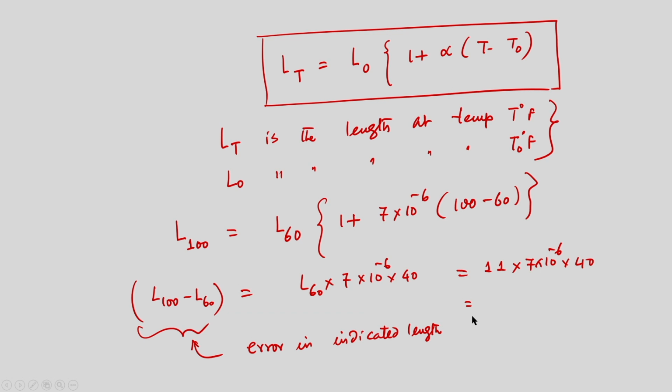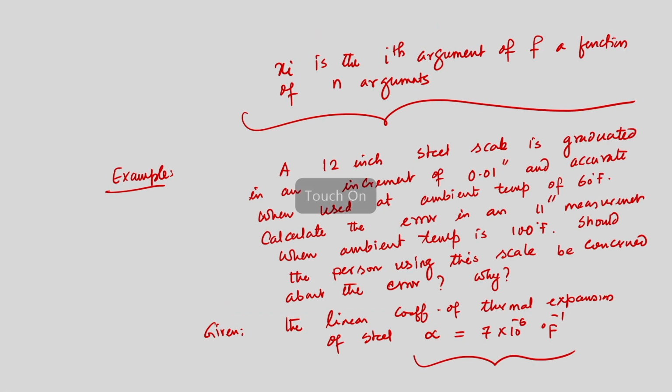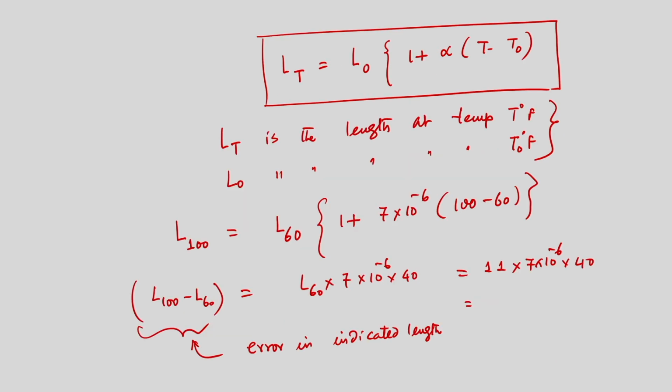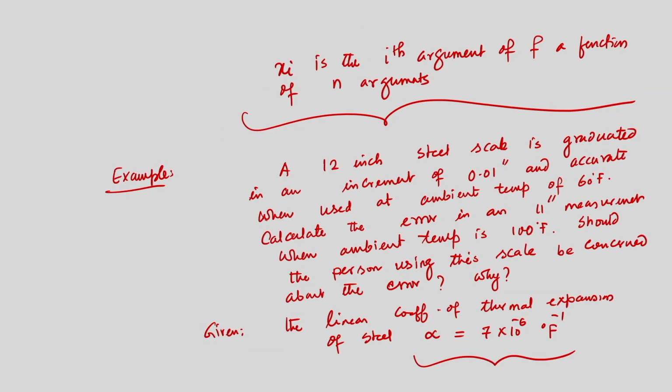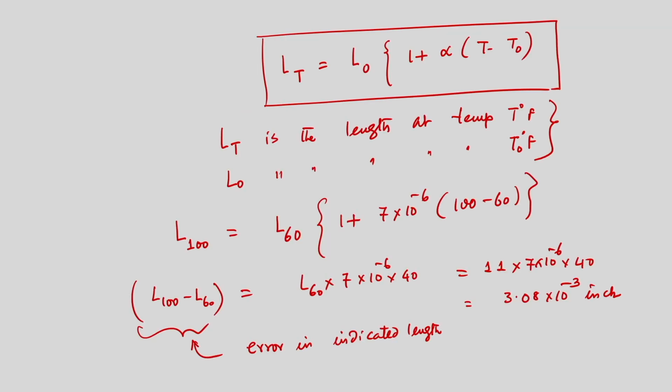If we go back to the previous slide, if you would like to measure 11 inch using the same scale, we will get an error of 3.08 into 10 power minus 3 inch, right. That is the error we will get. So, the first part of the question is to calculate the error in an 11 inch measurement when the ambient temperature is 100 degree Fahrenheit, and the error is 3.08 into 10 power minus 3 inch.